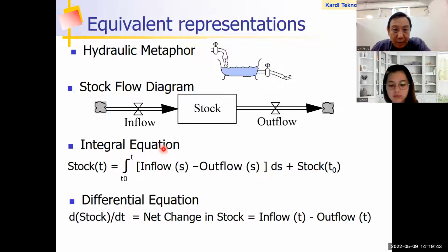Here, this is the bathtub metaphor, and this is the stock flow diagram. If you use integral, you use stock equals inflow minus outflow times ds plus the initial stock, the stock zero. And from here you can derive the differential equation.